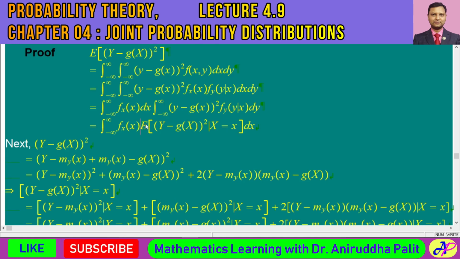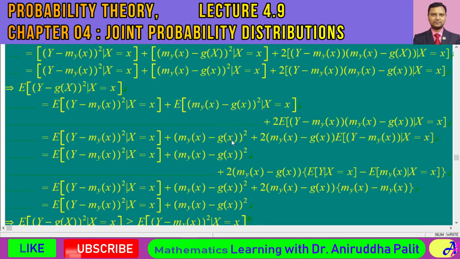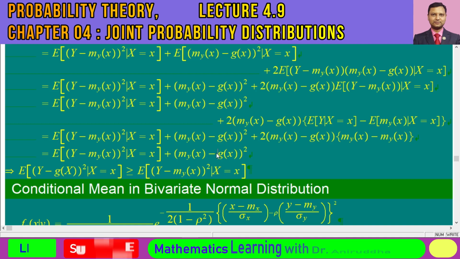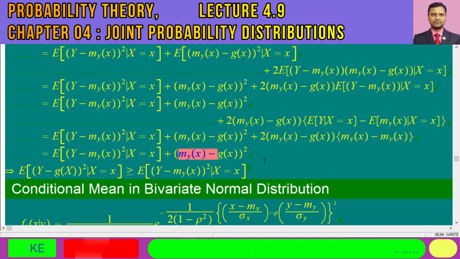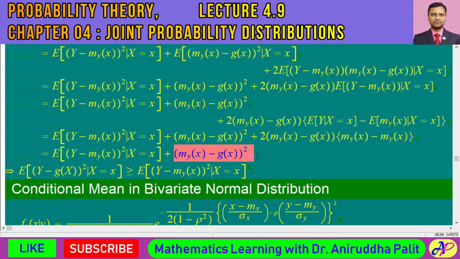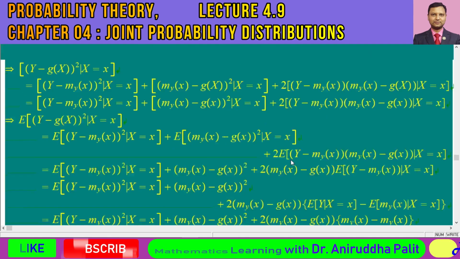So if this expectation is minimum when g(x) is equal to m_y(x), in that case this second term would also become equal to 0.